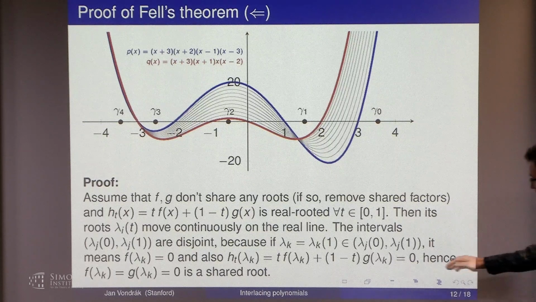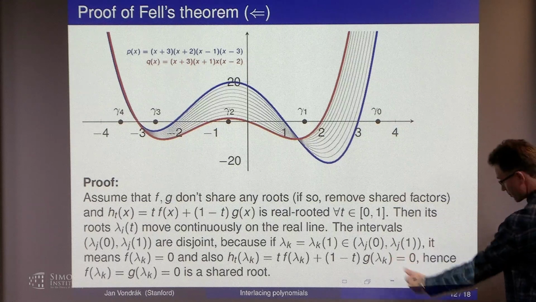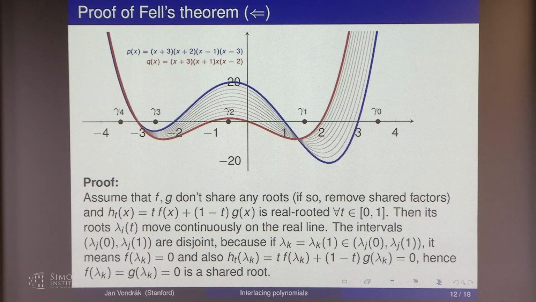And that would imply, because this is a non-trivial convex combination, it would also need to be a root of g. So it would actually have to be a root of both f and g. But we took out all the shared roots, so this cannot happen. So this is a contradiction. So actually you cannot have another root. It can never happen that the interiors of these intervals overlap. They might touch at the endpoints. That might happen.